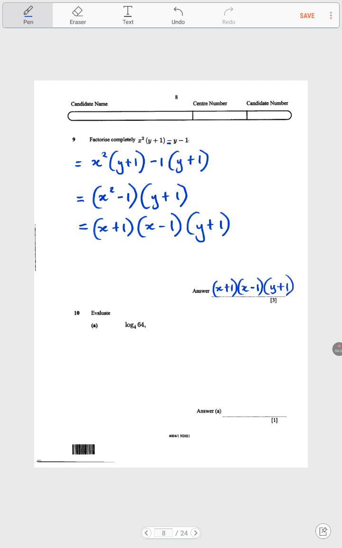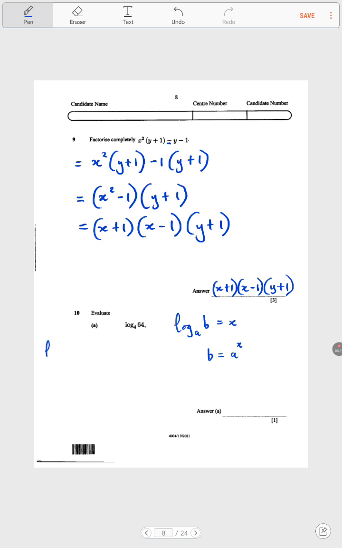Okay, so here there is a law which says if you have log to the base a of b equal to x, then b would be equal to a to the power x.